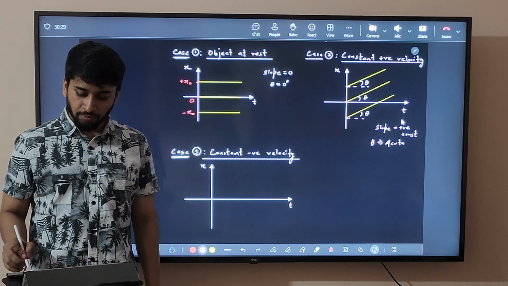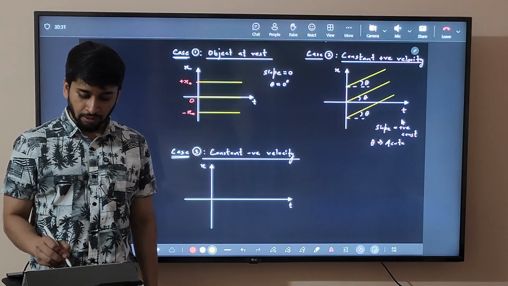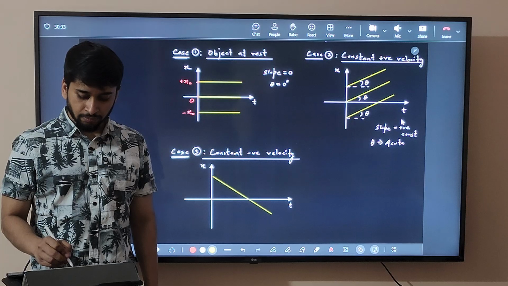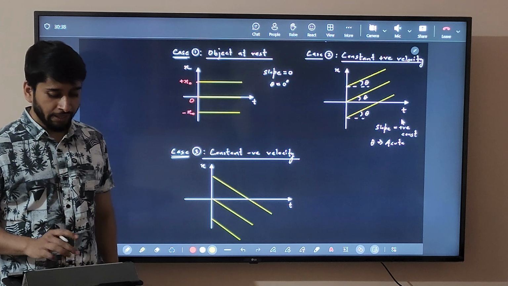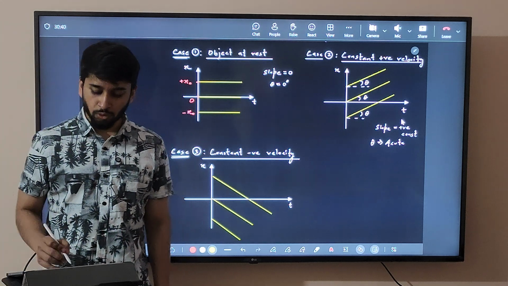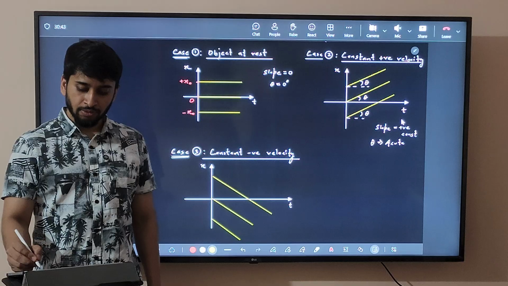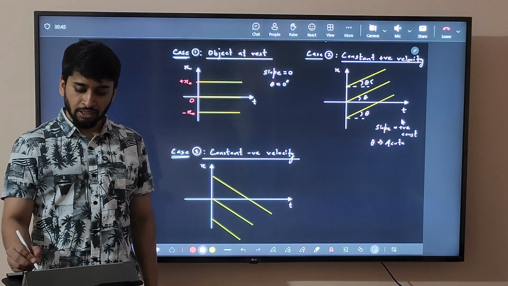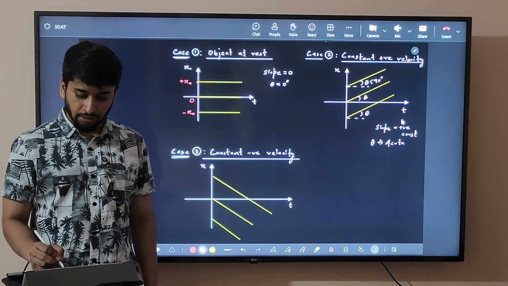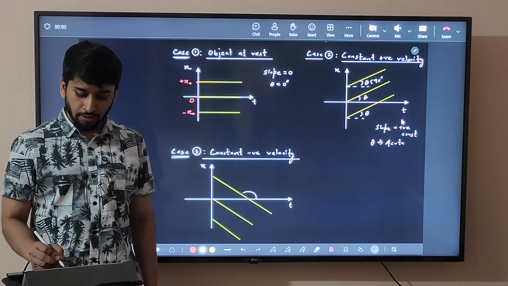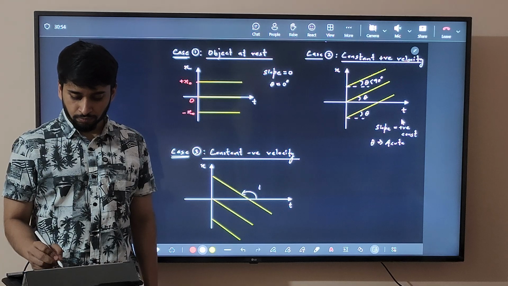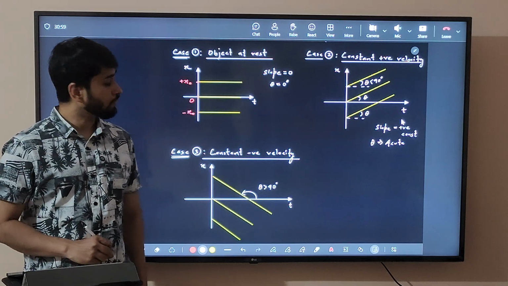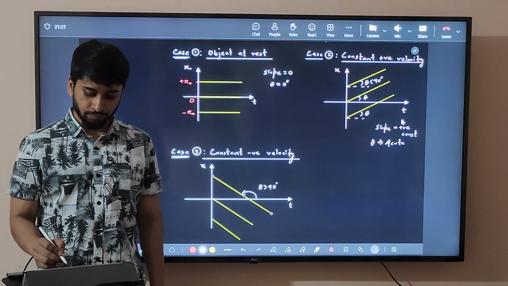So the graph can be like this, or like this, or like this. Any of the possibilities are there. Only thing is that this angle theta should be less than 90 degrees, and this angle theta here should be greater than 90 degrees. Fine.